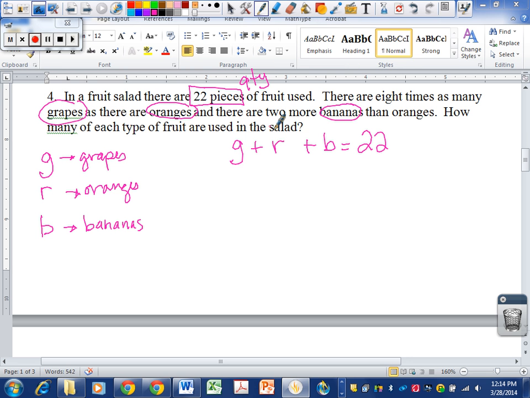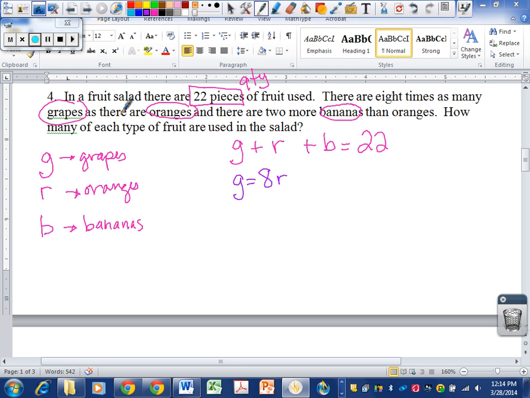Some grapes plus some oranges plus some bananas is 22. Now let's figure out some other stuff. There are 8 times as many grapes as there are oranges. So grapes equals 8 oranges. Remember, the one that is larger does not get the coefficient.